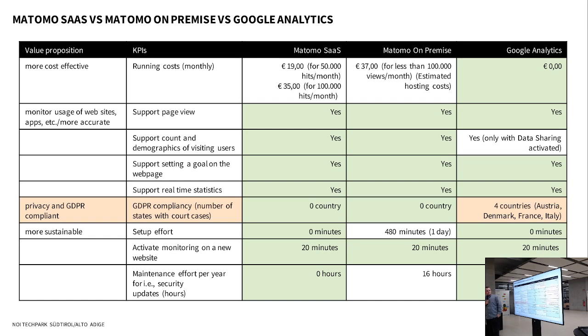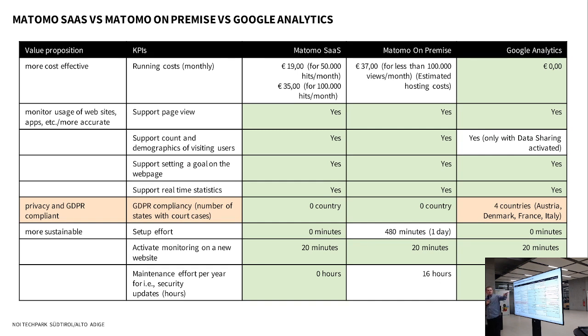And the other criteria we measured was, for example, whether it supports page views, that a user goes on the web page. I mean, the basic is what every analytics tool does. Then the demographics of the visiting users.